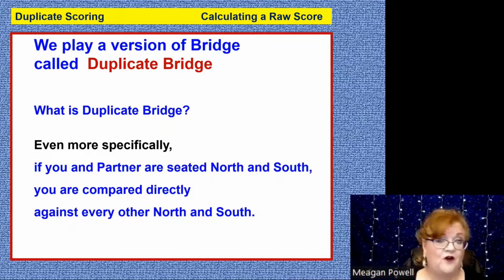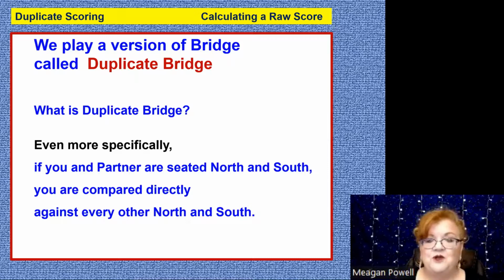You are being compared directly, head to head, opposite every other north-south because they will have seen the same boards you have. They will have had the exact same cards you had. So your real competition are those other people in the other north-south seats.